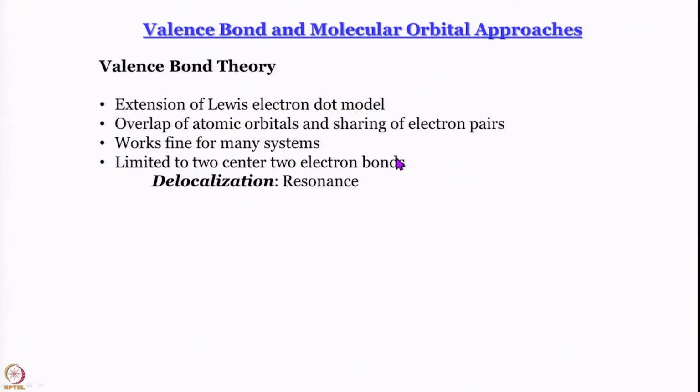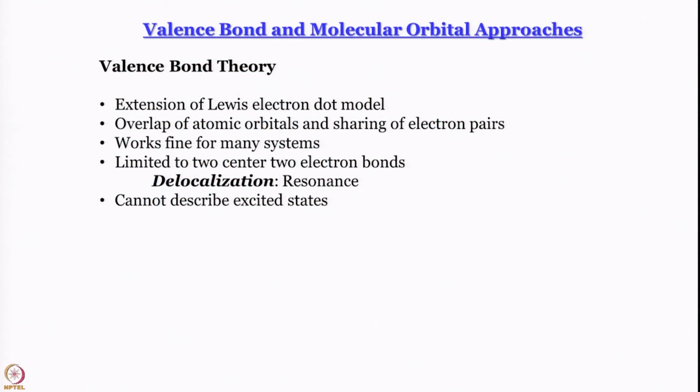Now, resonance is something that is absolutely a favorite with students of chemistry. We know very well, we love pushing arrows, and we love talking about how a particular resonance structure is more stable than the others, but resonance really is not something that is built into VBT. It is an add-on to extend the scope of the theory to delocalized systems. And even if you invoke resonance, there is something you cannot do, and that is you cannot access excited states.